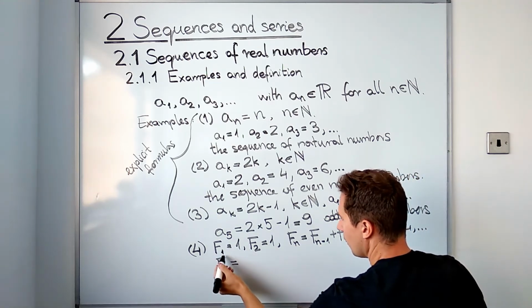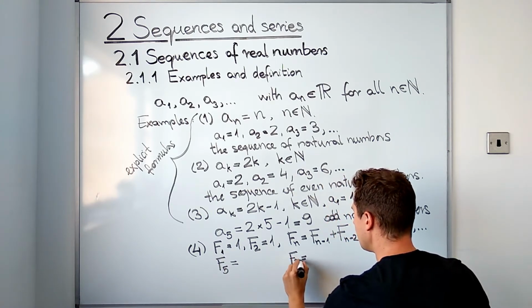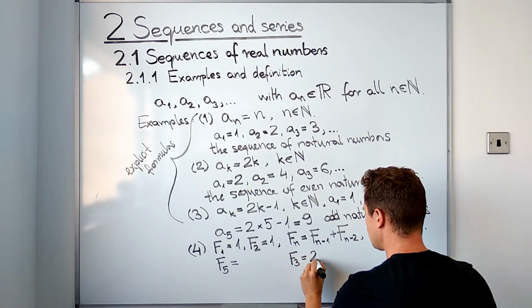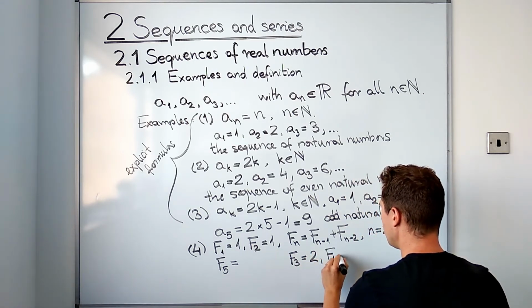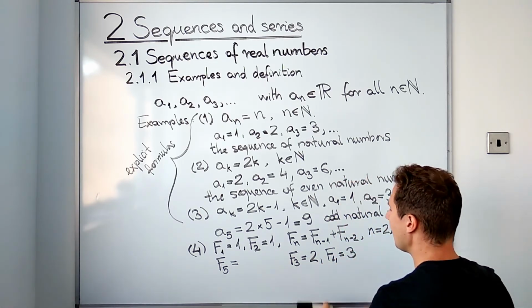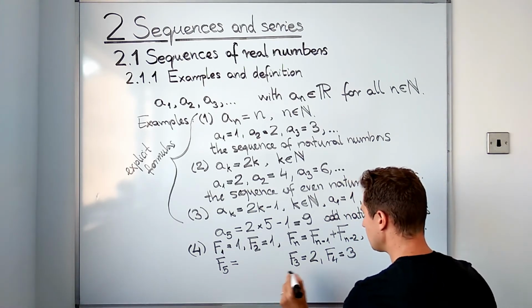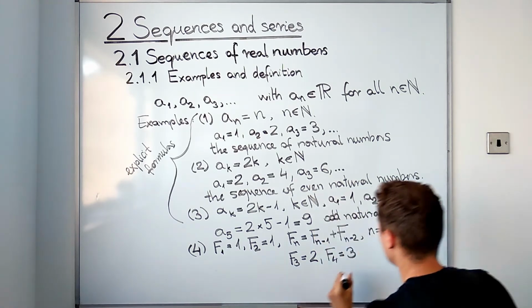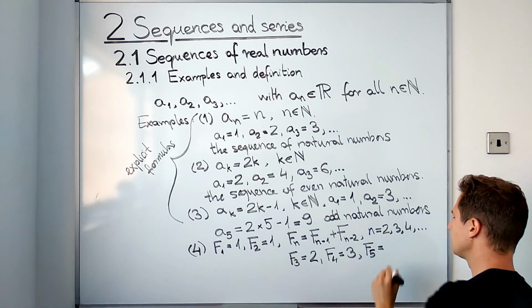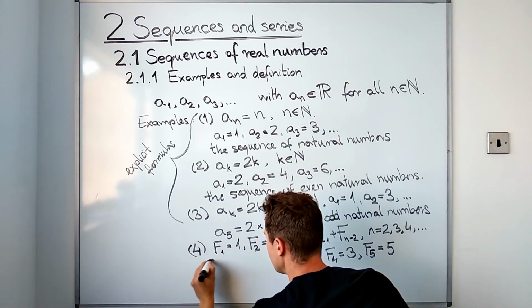So with the first and second term, I can certainly calculate the third term, being the sum of the previous two, so that's 2. Then the fourth term is the sum of the previous two terms, that's 1 plus 2 equals 3, and then I can calculate the fifth term being the sum of these two. So F5, the fifth Fibonacci number, is 2 plus 3, 5. So these are Fibonacci numbers.